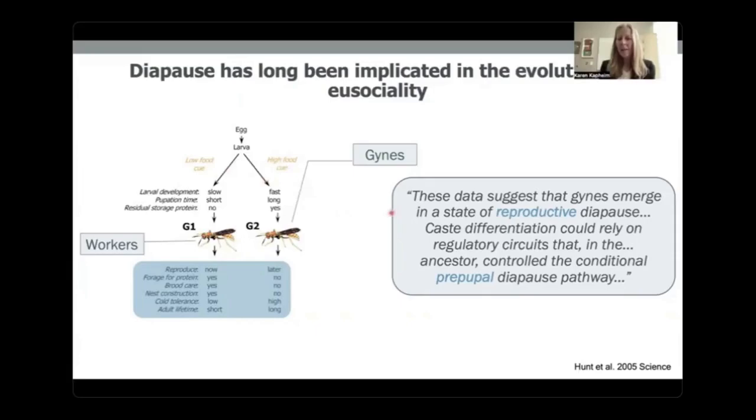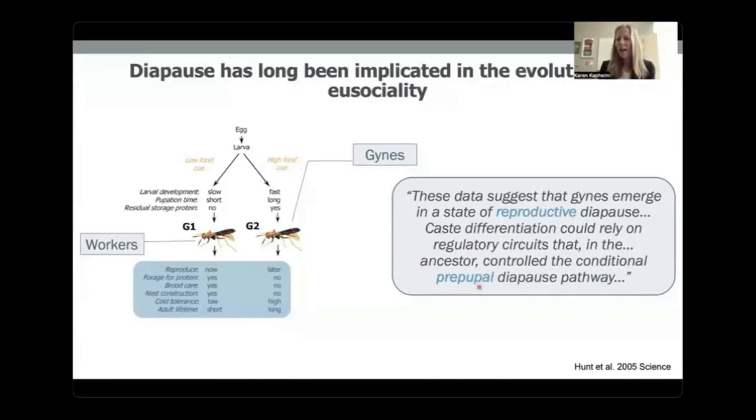But I'm bringing this up because I want to highlight this quote from the paper that reveals this assumption that is implicit in this hypothesis. And that is, "these data suggest that gynes emerge in a state of reproductive diapause, by which caste differentiation could rely on regulatory circuits that in the ancestor controlled the conditional pre-pupal diapause pathway."